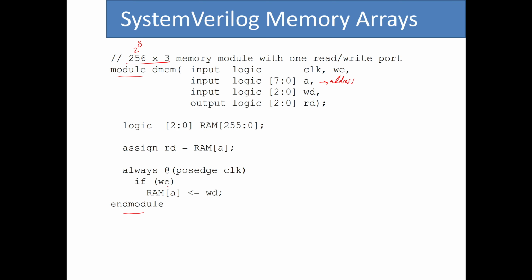Basically, that is the signal that tells me I want to write anything on the RAM. If this is true, RAM at location A or address would get the new value for WD, basically the data that I want to write on that location of the memory. So as you can see, we can use System Verilog very easily and very intuitively to create memory arrays.